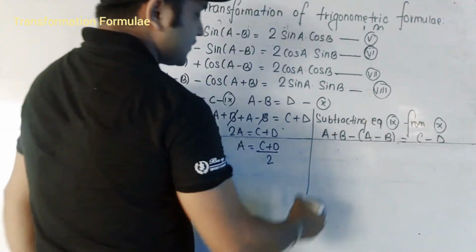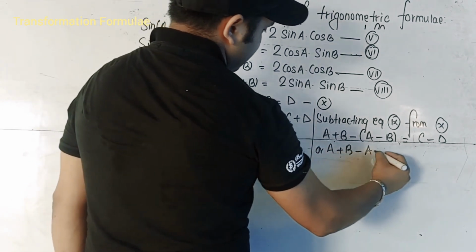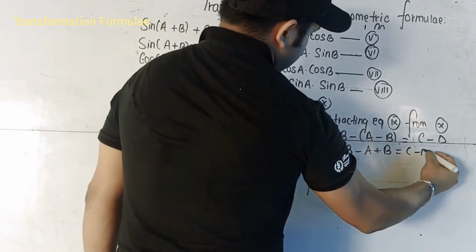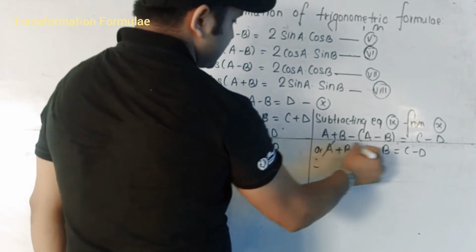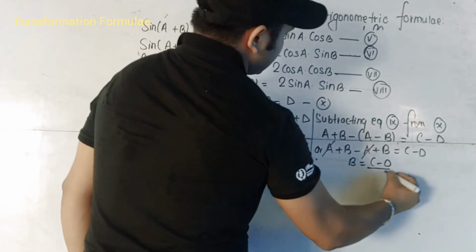When you solve it, we get a plus b minus a plus b equals c minus d. So plus a and minus a cancel, 2b equals c minus d. So b equals (c minus d) divided by 2.